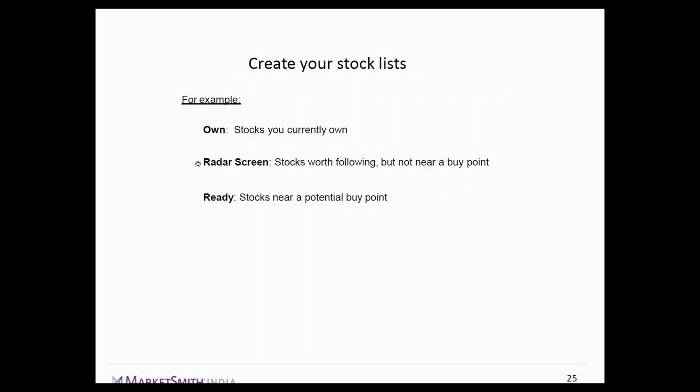The next screen you can look at is the radar screen. In the radar chart, you can take down all the stocks which are looking interesting and which are your potential buys. First and foremost, we look at all the stocks which are doing fundamentally good and technically showing some strength.